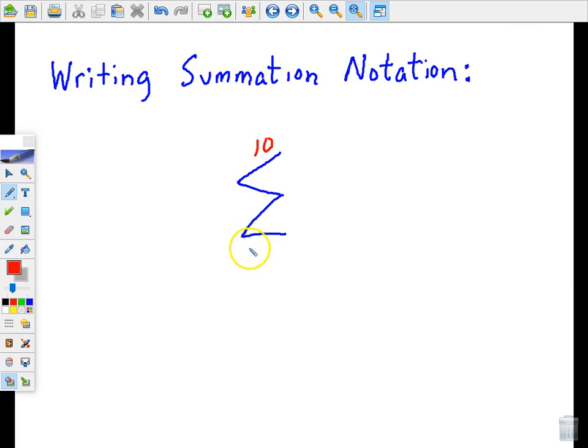That's how many terms. And I'm going to start adding with the first term. So when you're writing summation notation yourself from scratch, you will always put n equals 1 as the bottom limit of sigma, and then how many terms you're adding through as the top.